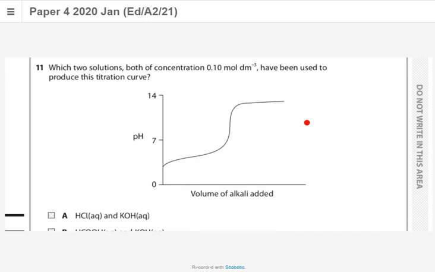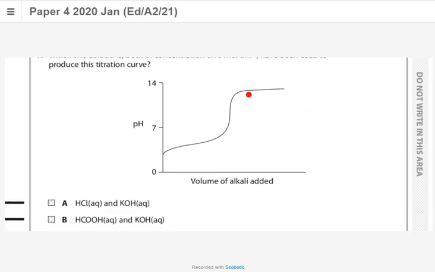Which two solutions, both of concentration 0.1 mole per decimeter cube, have been used to produce this titration curve? You can clearly see here the end point is midway of the vertical inflection. It's 9. That means alkaline. So it is a strong alkali and a weak acid.